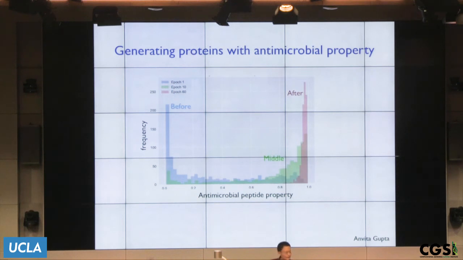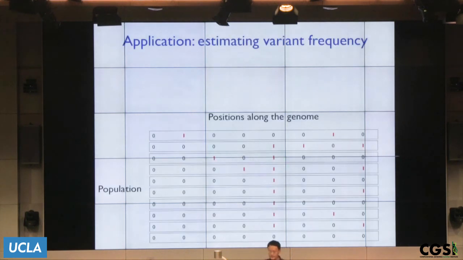OK. So in the remaining 5 minutes, I'll show you one other application, a very different domain, which is actually more related to PopGen, which is estimating variant frequency.